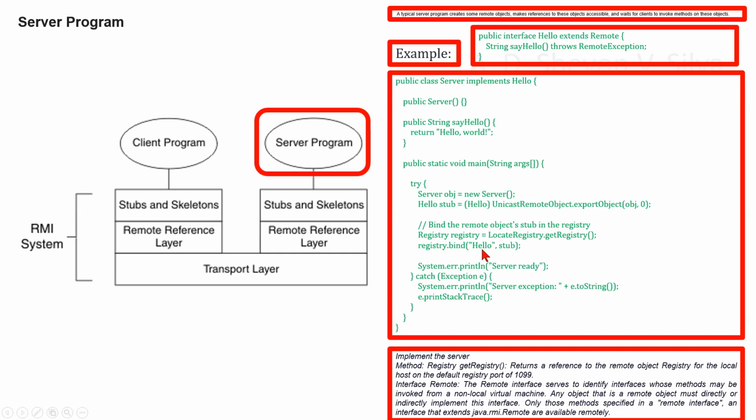The class that contains the main method could be the implementation class itself or another class entirely. In this example, the main method for the server is defined in the server class, which also implements the remote interface Hello.